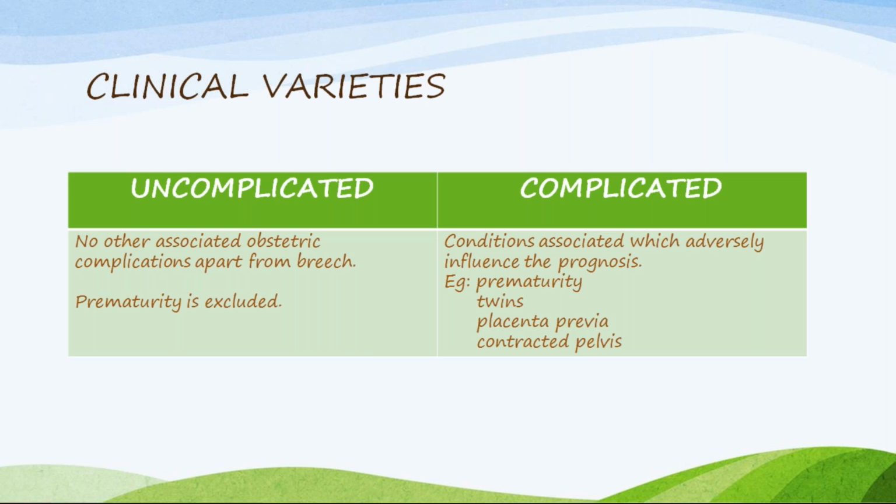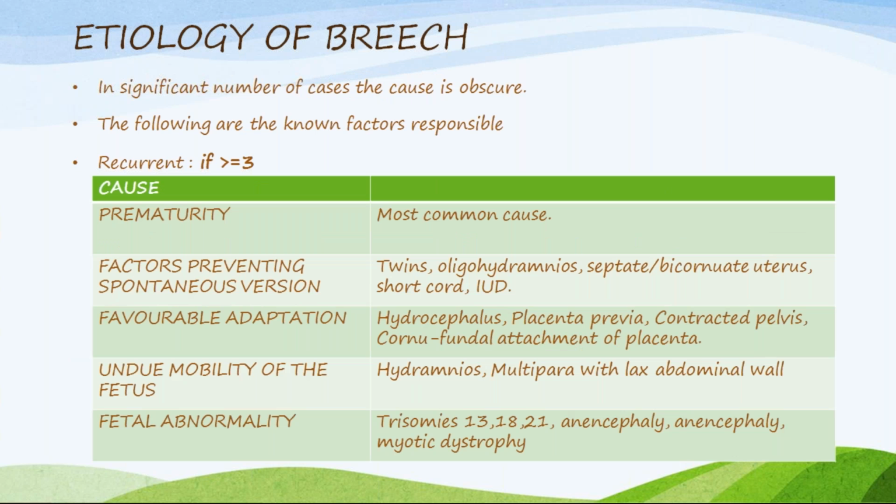But when it is associated with prematurity, teen pregnancy, placenta previa, contracted pelvis, or abnormal uterus, like a subseptate uterus or arcuate uterus, then we'll say it is complicated breech.